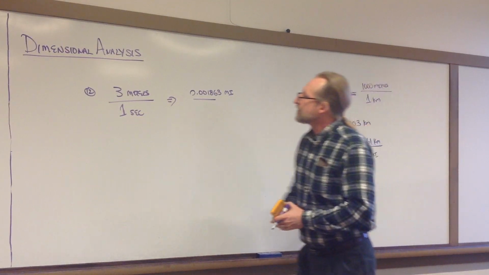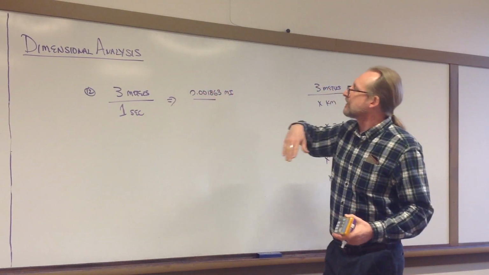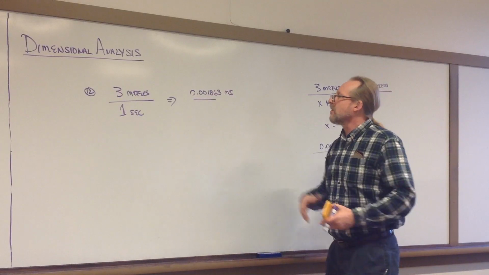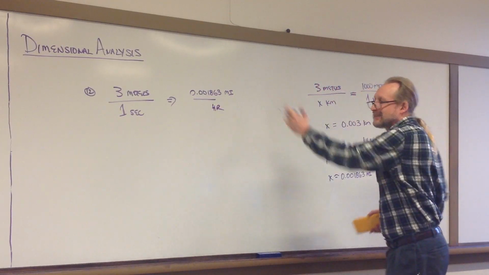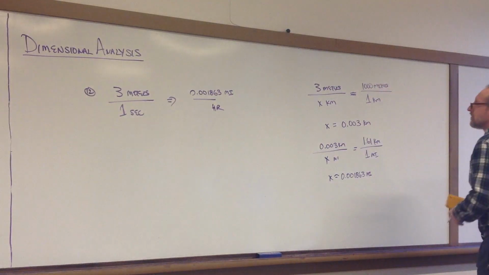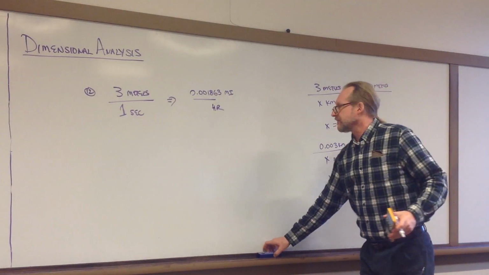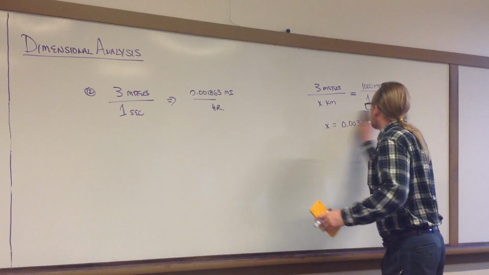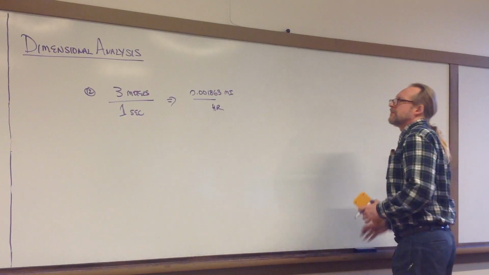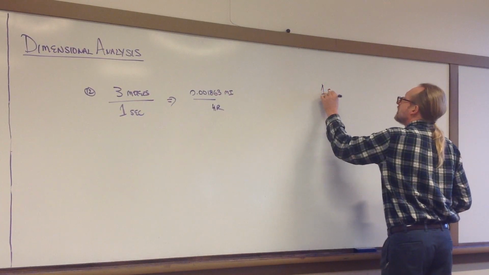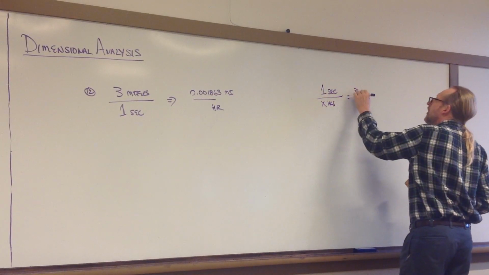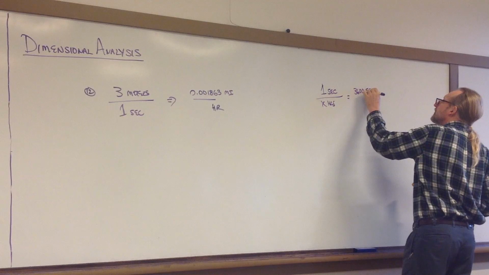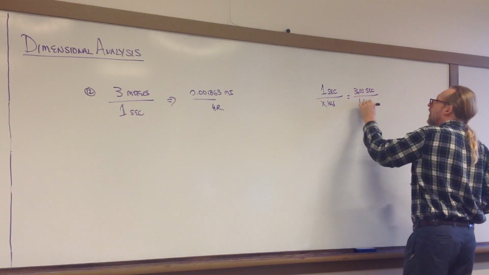I'm making the reverse conversion. I was going to go to 3,600 seconds in 1 hour. If I want to convert that 1 second to an hour, again, I'm going to get this little tiny number. So let's go ahead and do that. I guess I'll need that conversion factor I was talking about. 1 second is x hours if we know that there's 3,600 seconds in 1 hour.